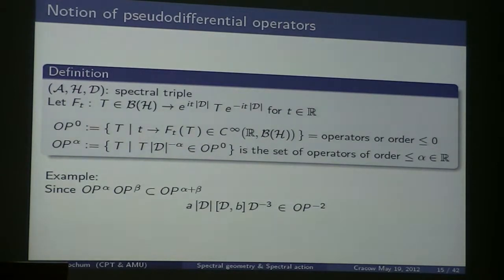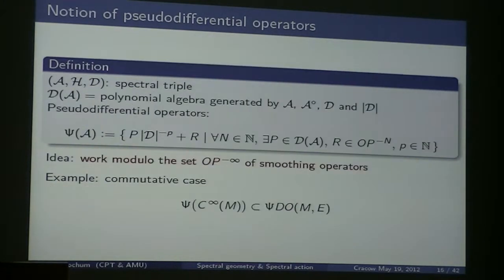An element of the algebra, absolute value of D, or commutators of an element of the algebra with D, and some power of D. So A is of order 0, D of order 1, B is of order 0, D of order 1, so the commutator is of order 0, and D to the minus 3 is of order minus 3. So 0 plus 1 plus 0 minus 3 is Op minus 2. That's simple as that.